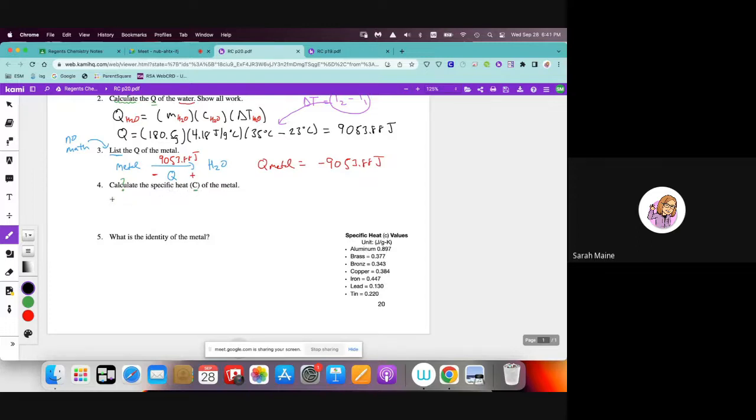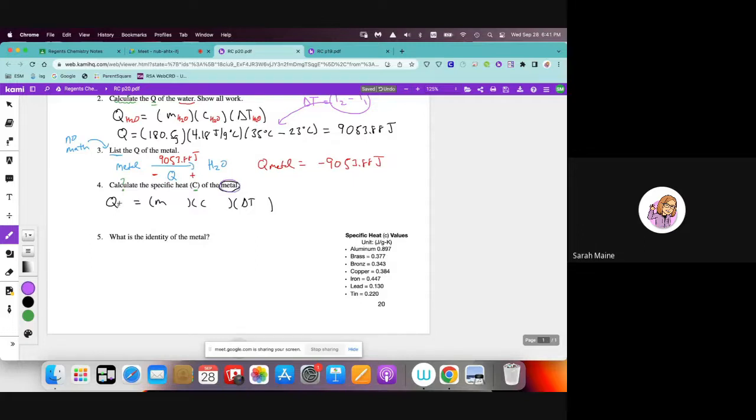It's the same one: Q equals M times C times delta T. But we need to calculate the C of the metal.